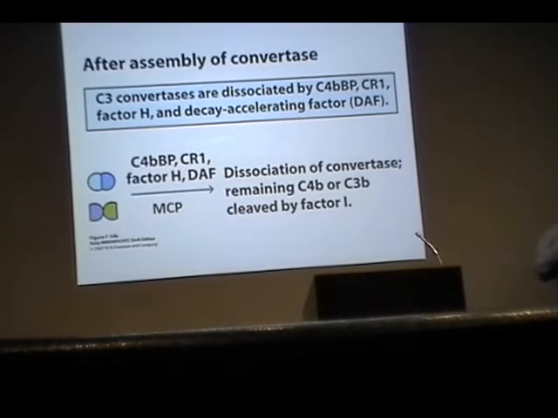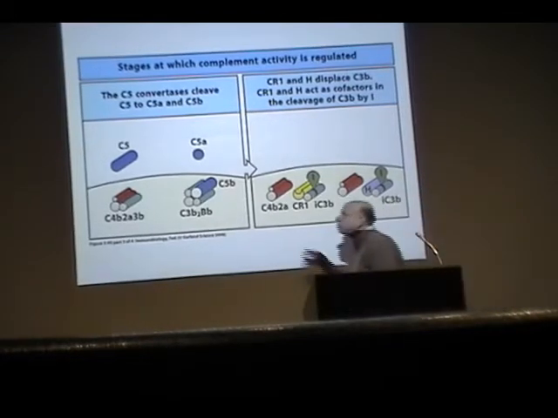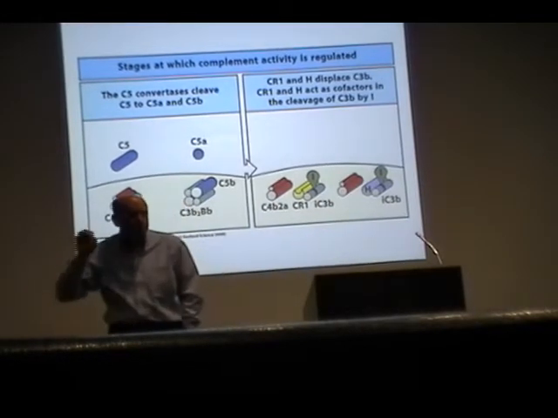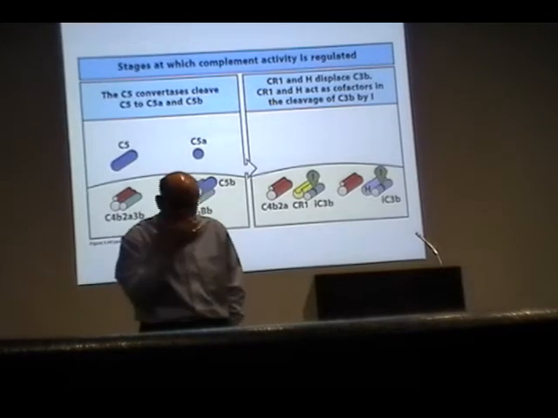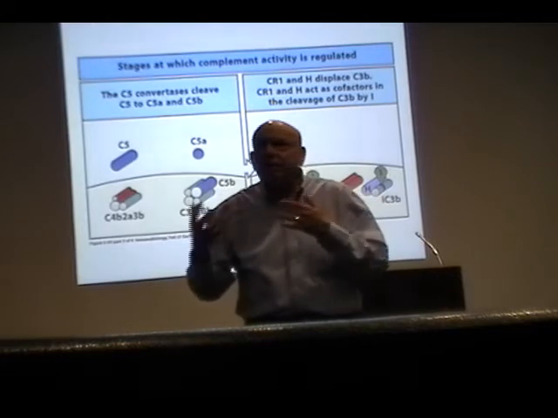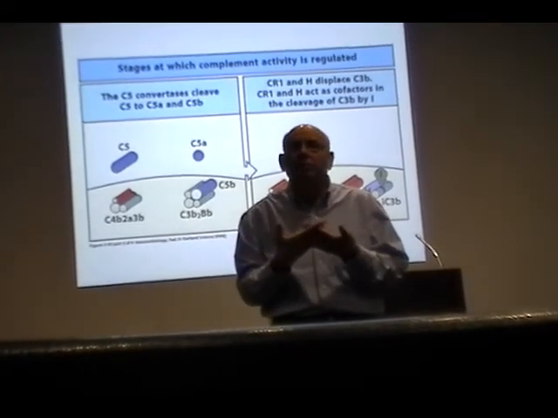We have a second mechanism, which is on this slide and probably on the next slide too. Where not only do we want to dissociate these convertases to make sure that they are inactive, but if we dissociate them, we're dealing with enormous numbers of molecules floating around.